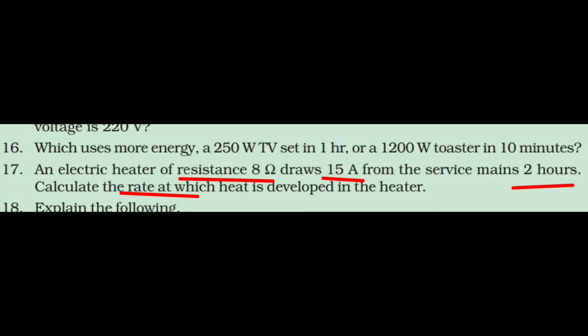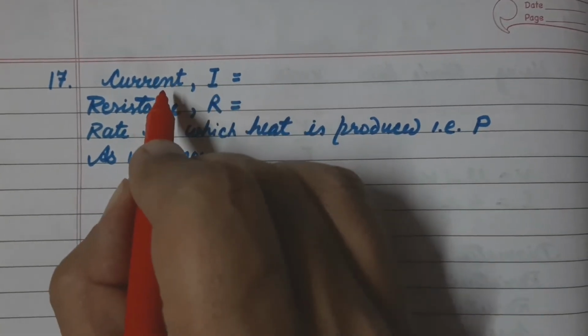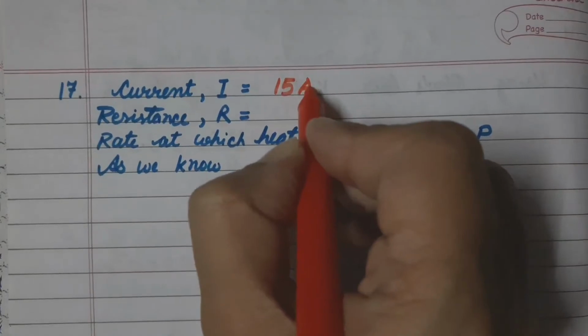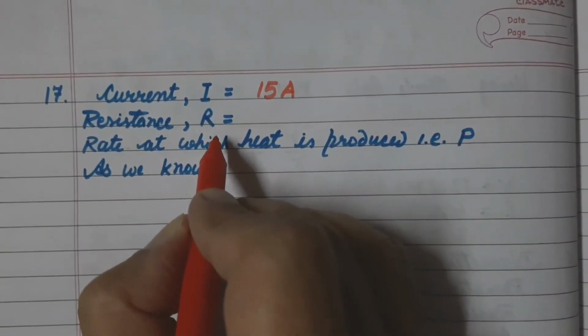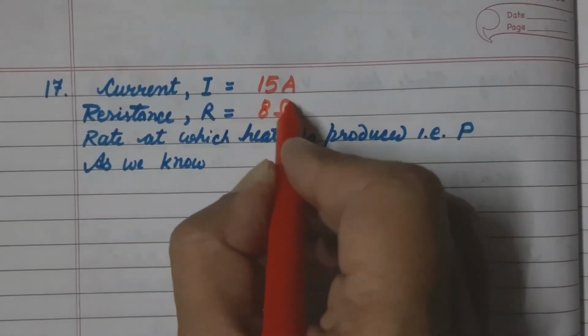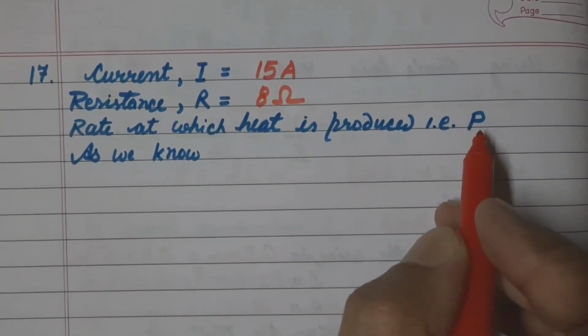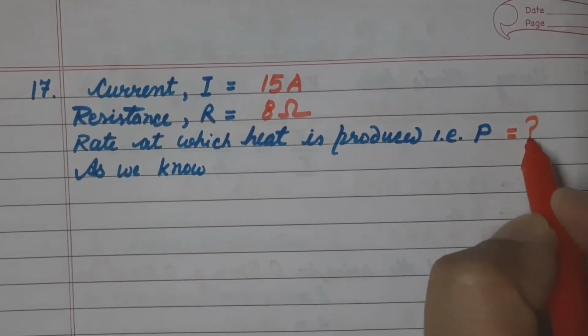Question 17. An electric heater of resistance 8 ohm draws 15 ampere from the service mains for 2 hours. Calculate the rate at which heat is developed in the heater. Current I is 15 ampere, resistance R is 8 ohm. Rate at which heat is produced, that is power, we have to calculate.